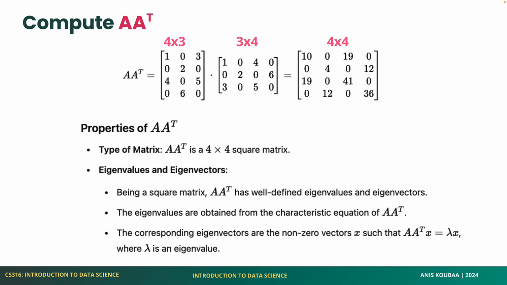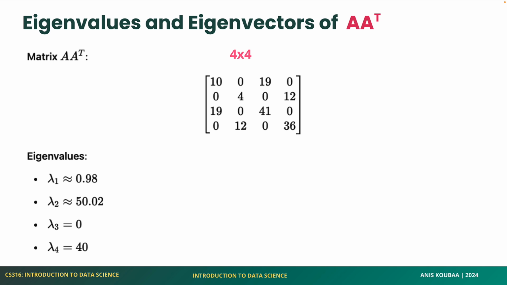So it resulted in a square matrix, and this square matrix has well-defined eigenvalues and eigenvectors, as we have observed in the previous lectures. And let's calculate them. So making some computation about the eigenvalues and eigenvectors of A multiplied by A transpose, we will find 4 eigenvalues, because we have 4 by 4.